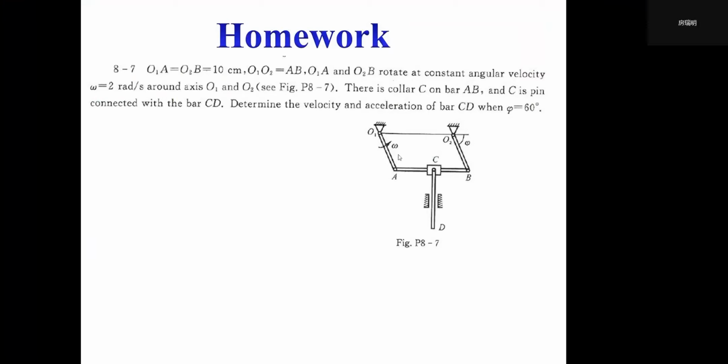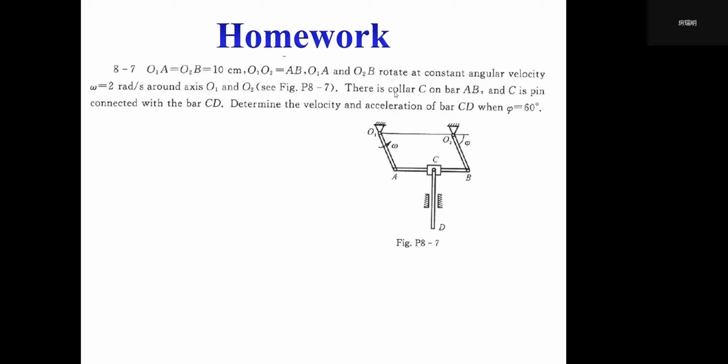Do you still remember the conclusion that when this four-bar linkage is a parallelogram, then AB will be a rigid body with translational movement? That is a very important conclusion.